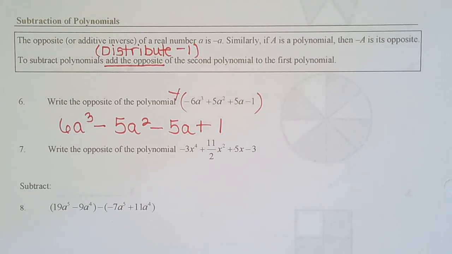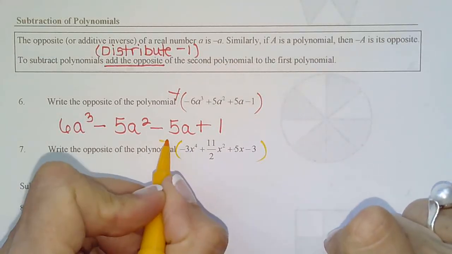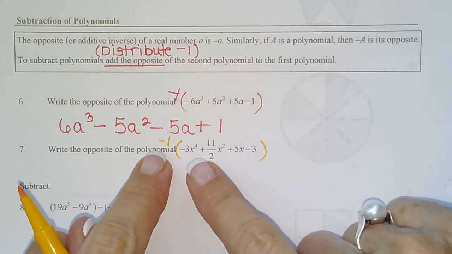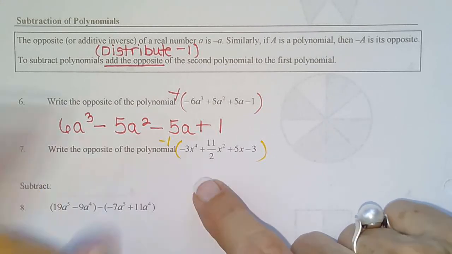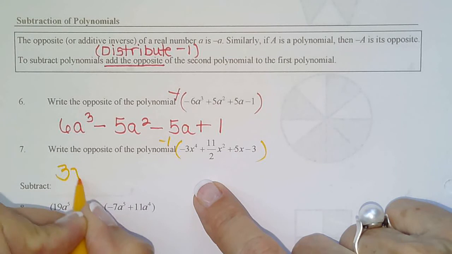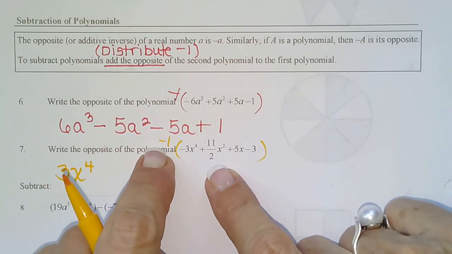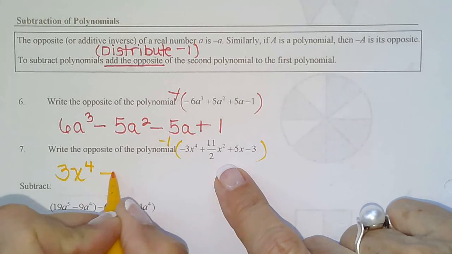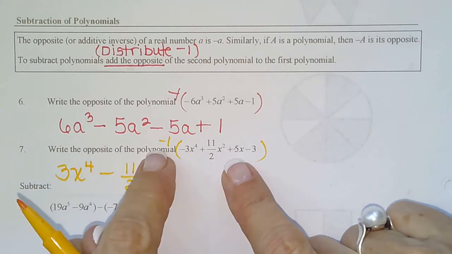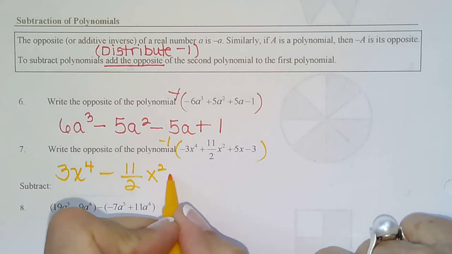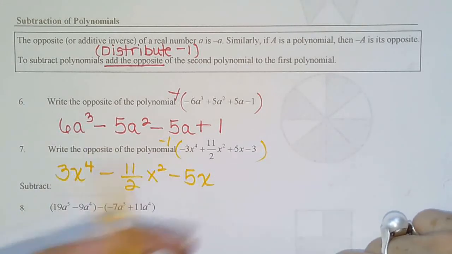So if we're asked to do the opposite here, again, we just multiply each term by negative 1. So we get positive 3x to the 4th and negative 11 halves x squared and negative 5x and positive 3.